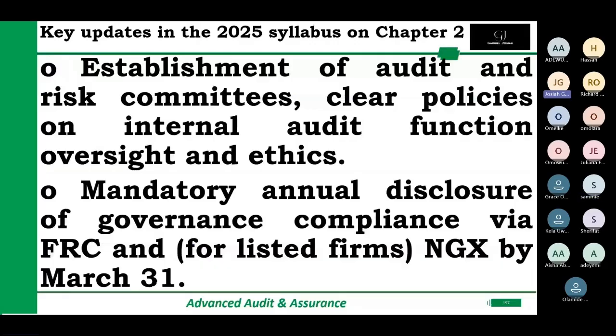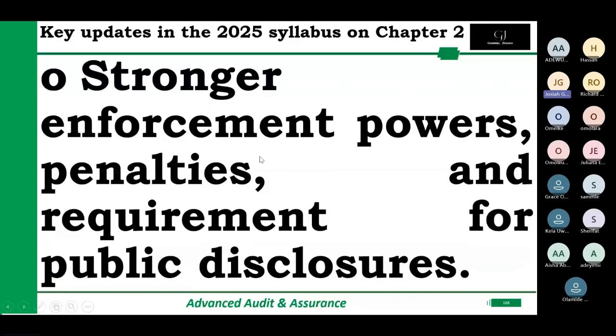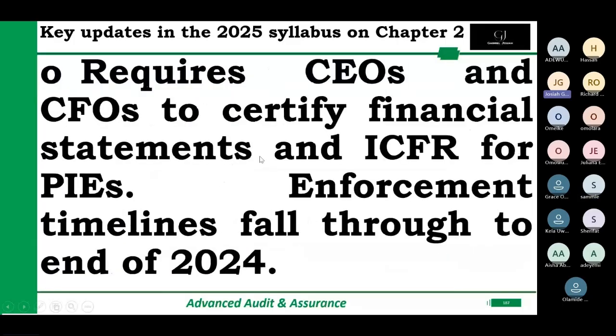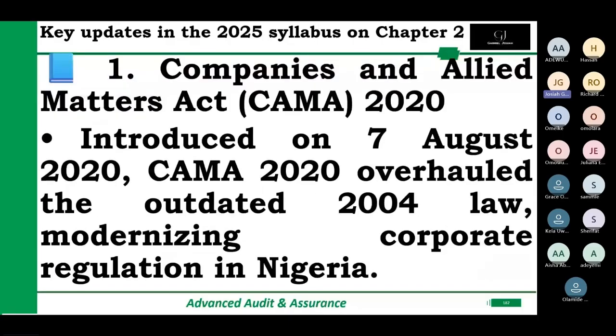Yes. Okay. So let me start from the CAMA. The first update spoke to CAMA on the current syllabus, and it was stressed, though the CAMA was not updated between the time ICAN's first study pack, which was 2021, and 2025.